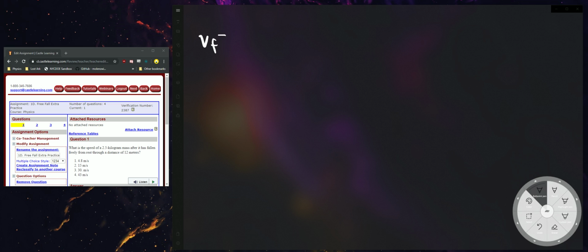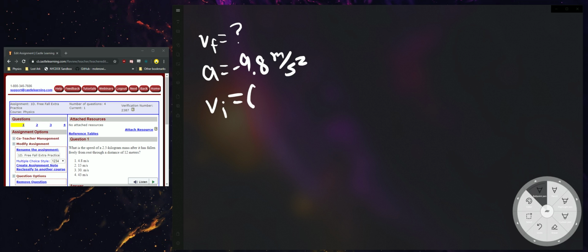So this one asks for the speed of a 2.5 kilogram mass. Again, the mass here doesn't matter; we haven't related it to anything. So you want to know the final speed, the final velocity, after it's fallen freely from rest. So we know it's falling, and you can automatically assume that your acceleration is negative 9.8 meters per second squared. It falls from rest, so you know your initial velocity is 0.